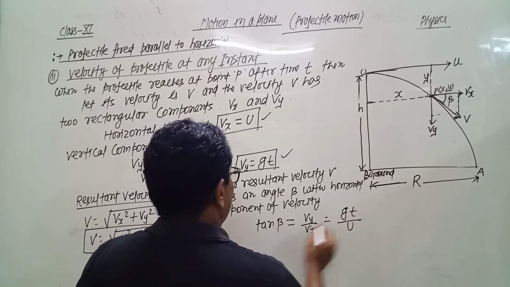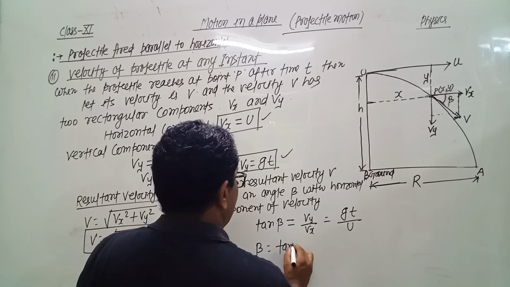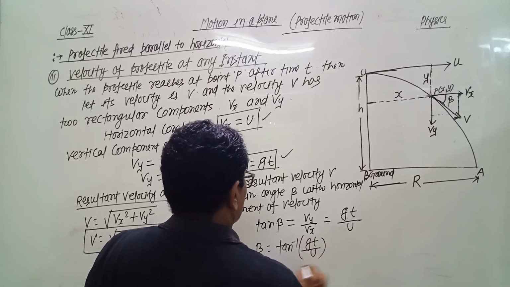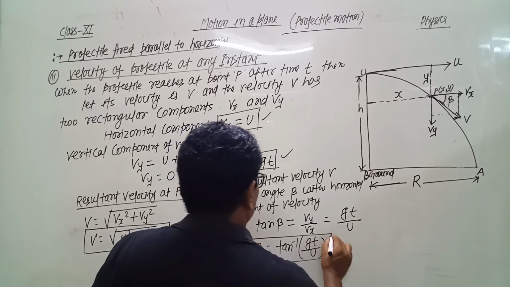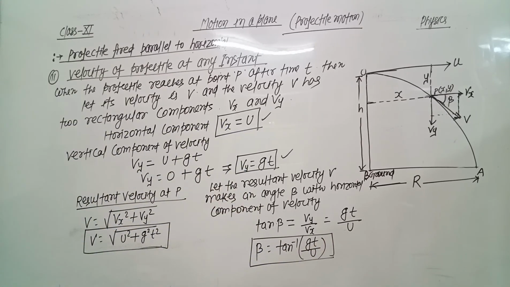So tan beta equals gt by u, and beta equals tan inverse of gt by u. This is the angle which the resultant velocity V makes with the horizontal.